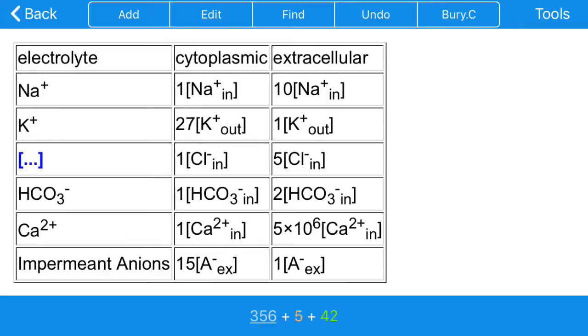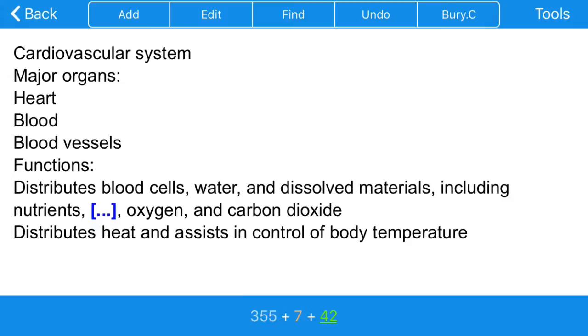Chloride, so 1 to 5. 5 times as much extracellularly as internally, a lot more with the sodium. Sodium's 1 to 10 though, but chloride, it's only like 1 to 5. I wonder if that has to do with the body being basic.